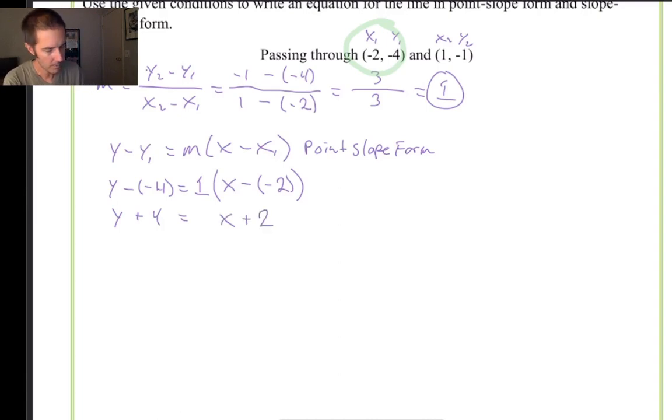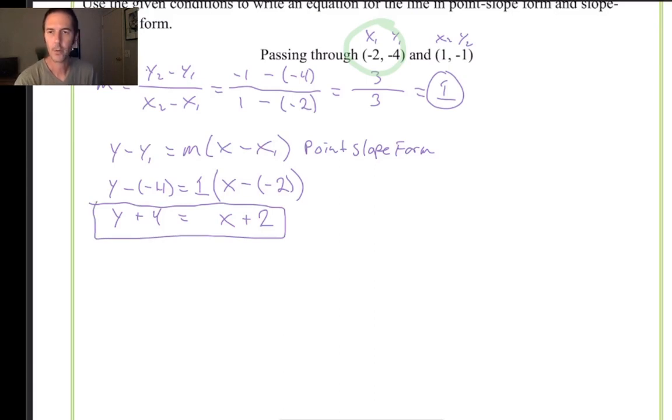So this maybe is how your professor, instructor, teacher would want you to write the equation in point-slope form. Maybe they would want to see the 1 in front of it so that they know that you did take the time to calculate the slope. So that's our answer in point-slope form.